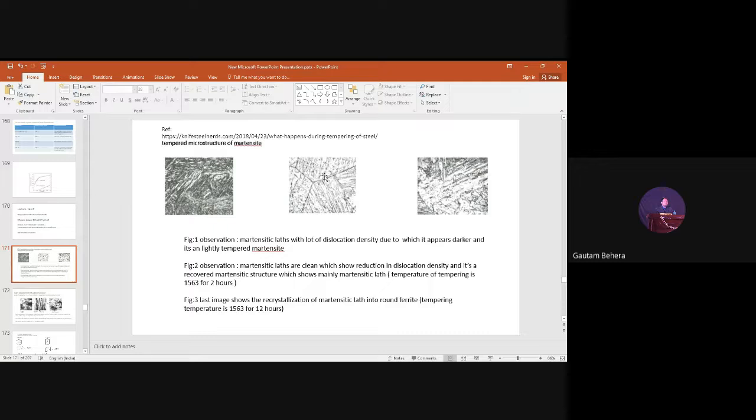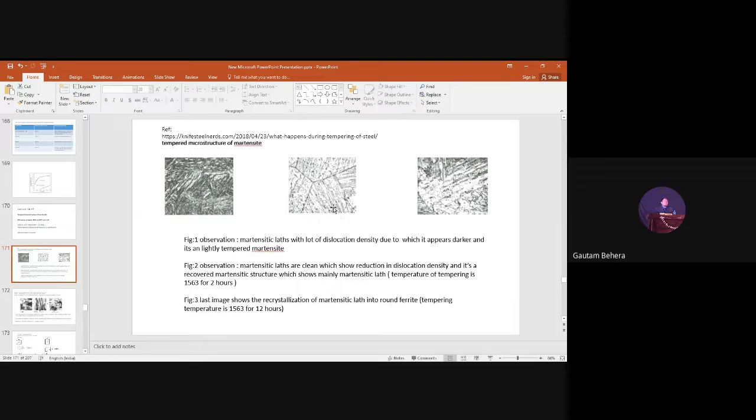If you remember, in the recovery stage annihilation of dislocations occurs; dislocations start disappearing. So this microstructure appears as a lighter, white portion, while this is darker. The light nature is due to the disappearance of dislocation density. The dislocation density is very low now, but you can easily see the laths.